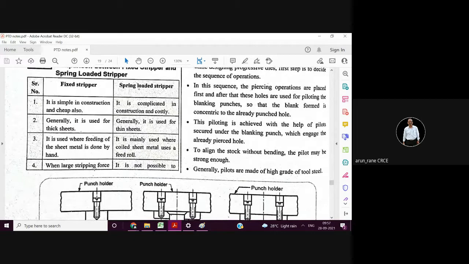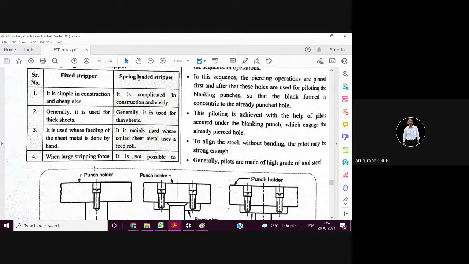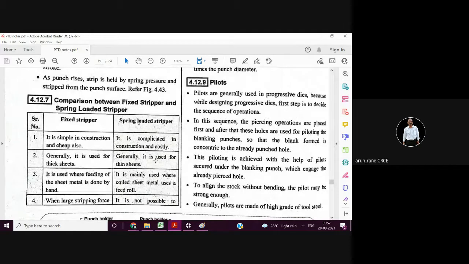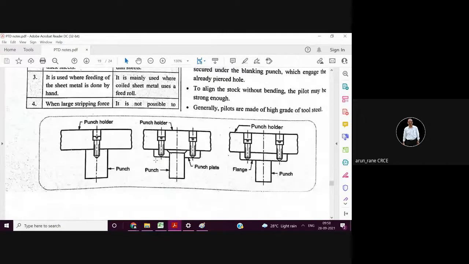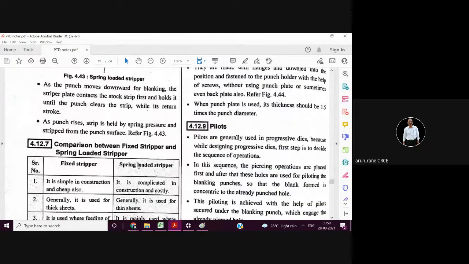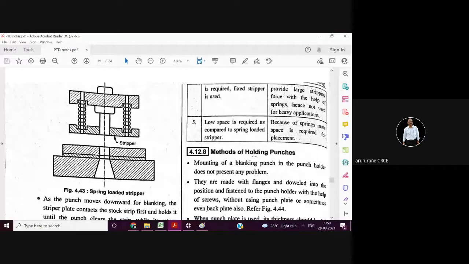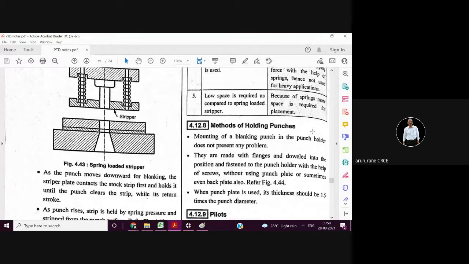Fixed stripper will give large stripping force, whereas spring-loaded stripper will give comparatively less stripping force. Then fixed stripper will take less space, whereas spring-loaded stripper will take more space.